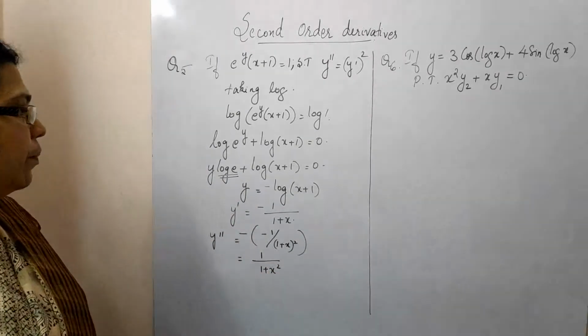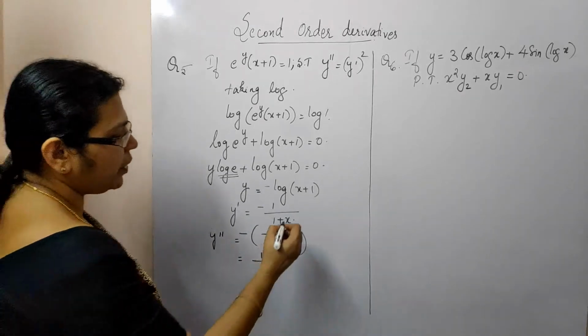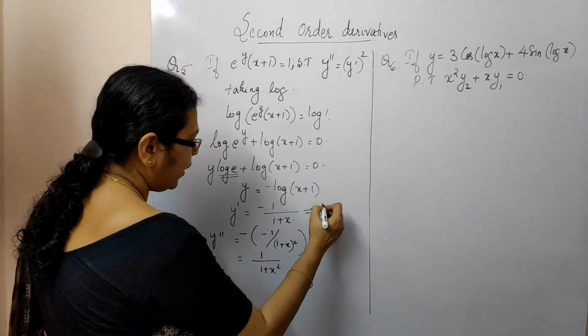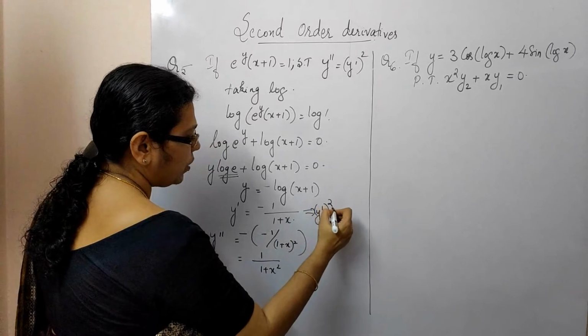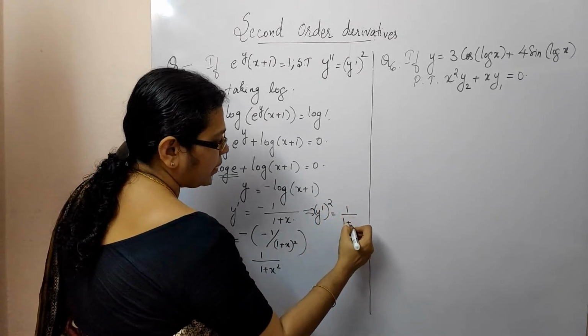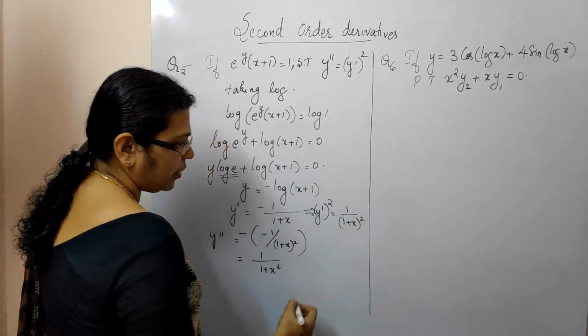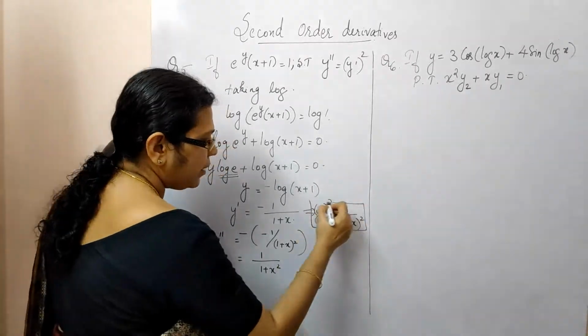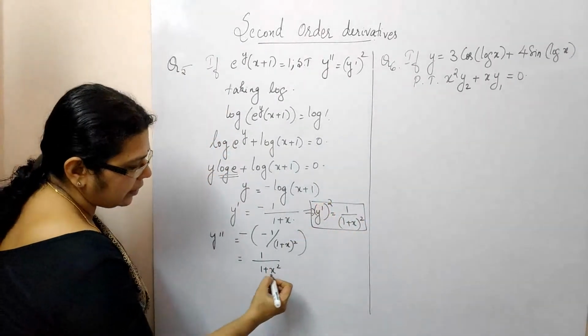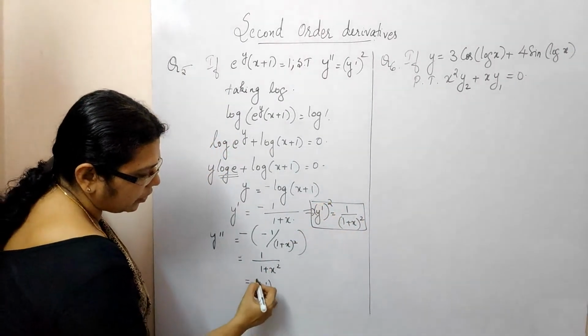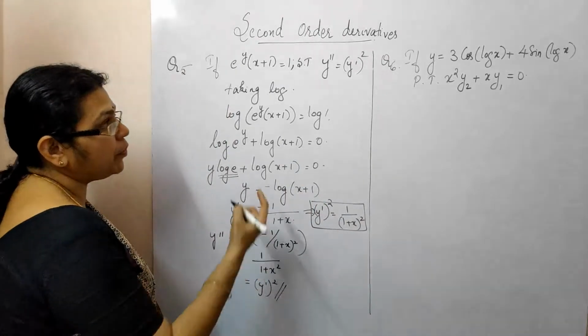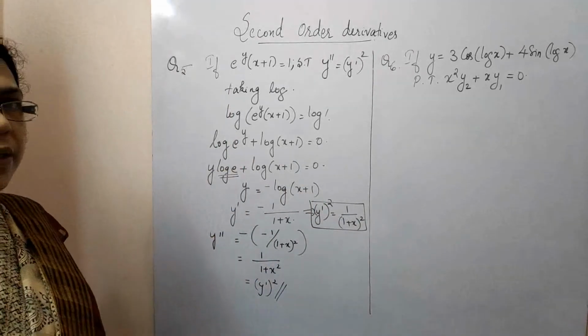Now, from here, this implies y dash the square is what? 1 by 1 plus x the whole square. Is it or not? So, taking into consideration this part, I can write this as y dash the square. Isn't this the proof? Got it?